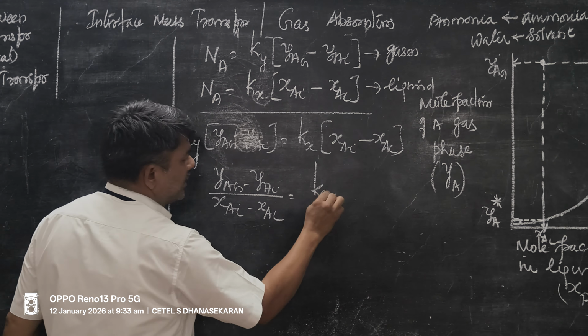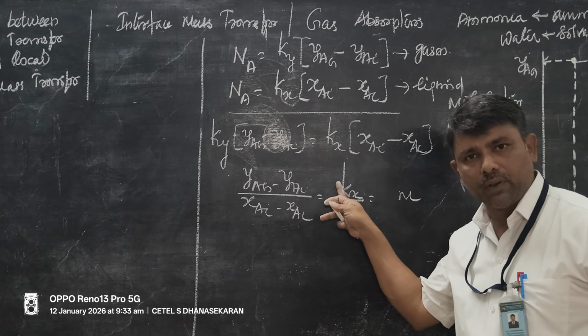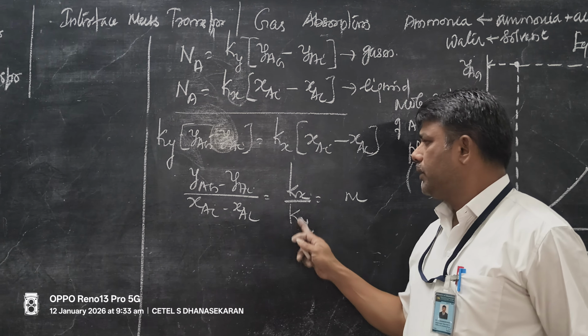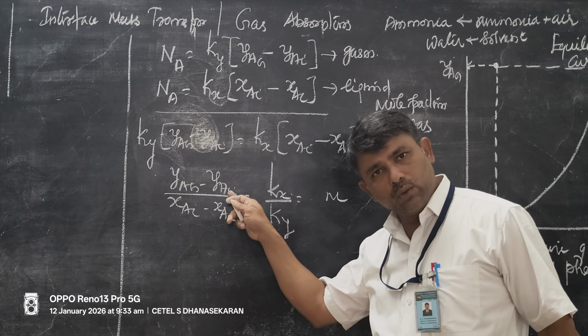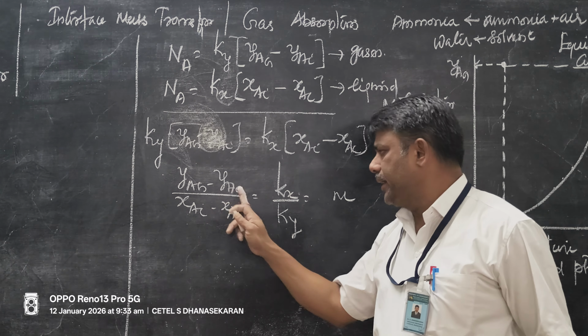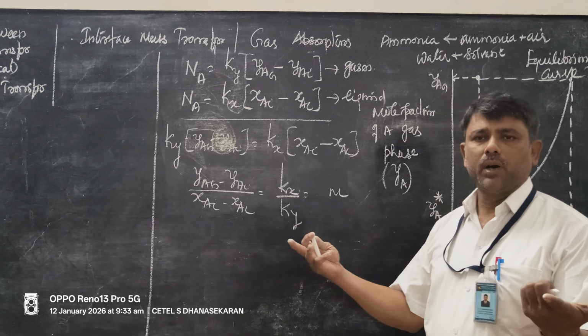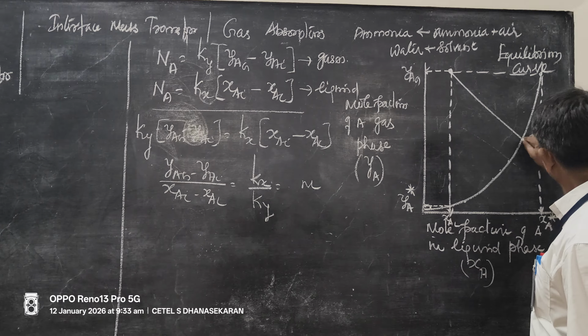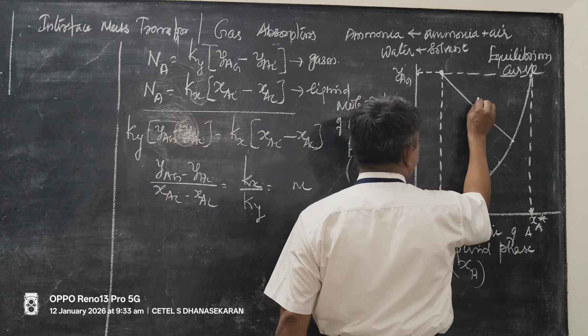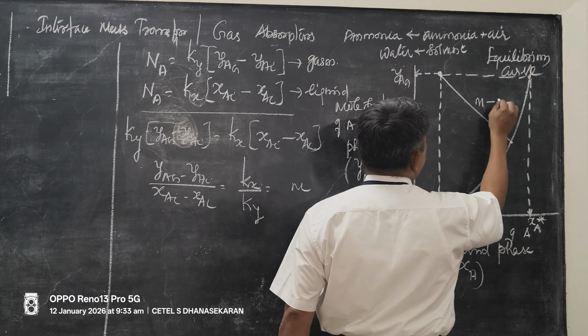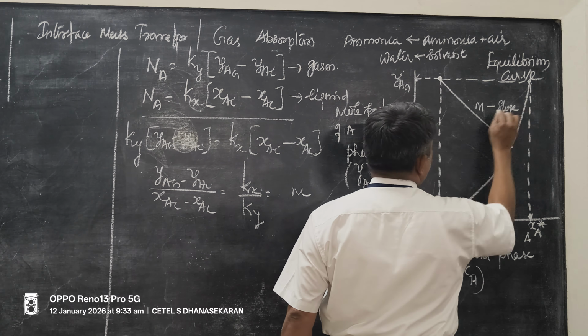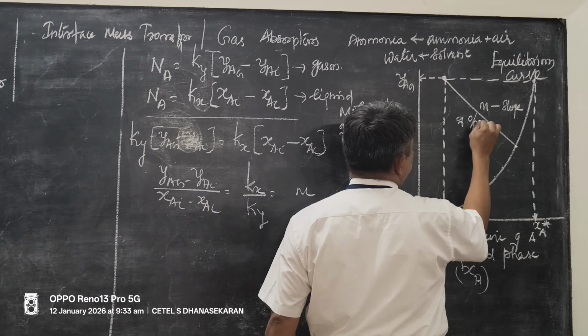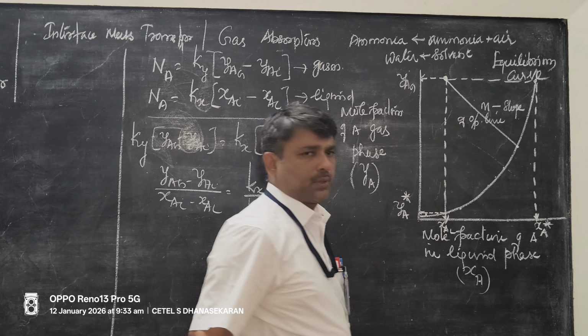This is the slope of the operating line. If the kx value or ky value is given, and the YAG, YAI, XAI and XAL values are given, it is possible to find the slope of the operating line M, the slope of the operating line for gas absorption.